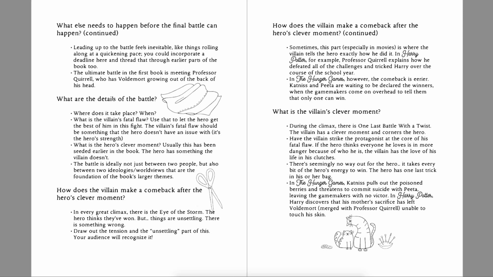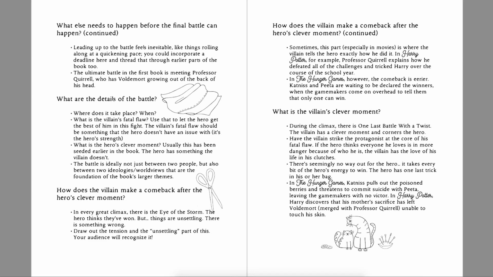In the Hunger Games, the game makers have cornered Katniss and Peeta, and they've given them the impossible choice of turning on each other. So there seems no way out for the hero, who in this case is Katniss. But the hero luckily has one last trick in their bag, and this is where the poison berries come in.